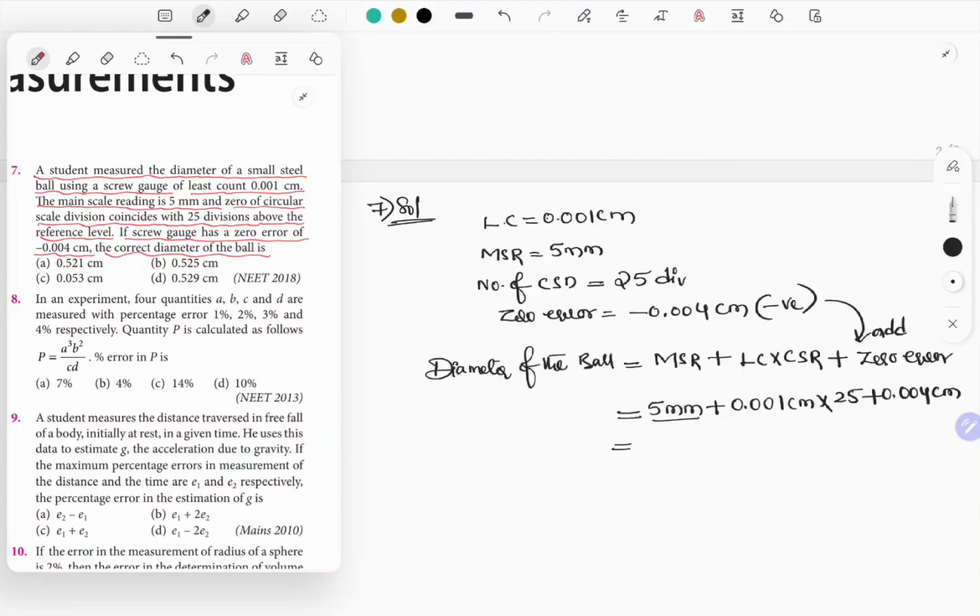So 1 millimeter is equal to 0.1 centimeter. So answer is going to be 0.5 centimeter plus 25 into 0.001, you are going to get 0.025 centimeter plus 0.004 centimeter. If you add all those things, the answer that you are going to get is 0.529 centimeter. This is the diameter of the ball.